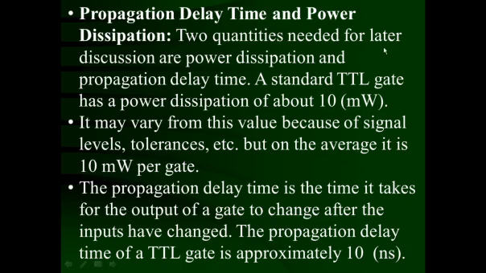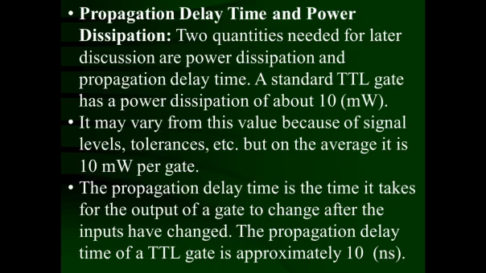So, two quantities needed for later discussion are power dissipation and propagation delay time. A standard TTL gate has a power dissipation of about 10 milliwatt. It may vary from this value because of the signal levels, tolerance, etc. But on the average, it is 10 milliwatt per gate.